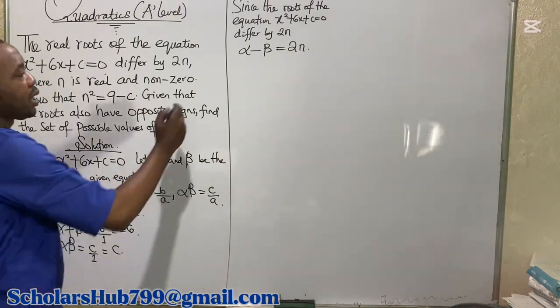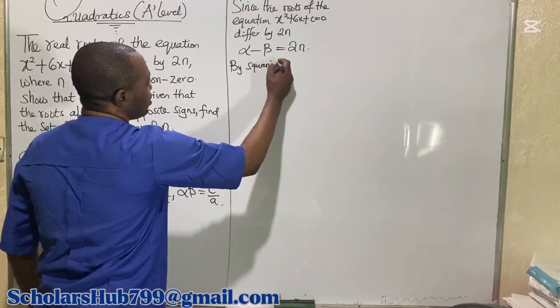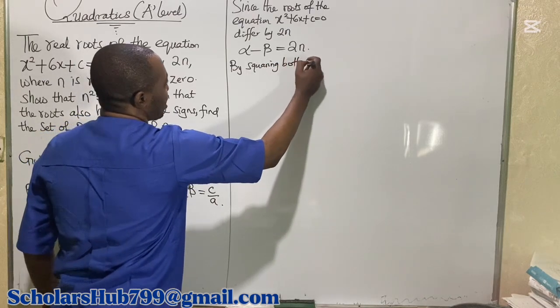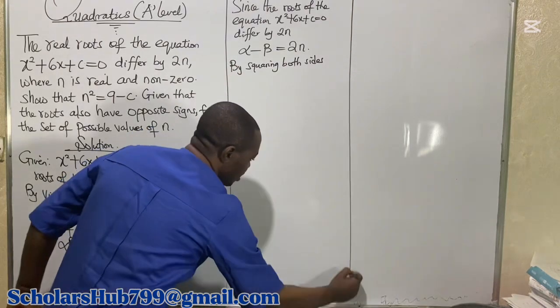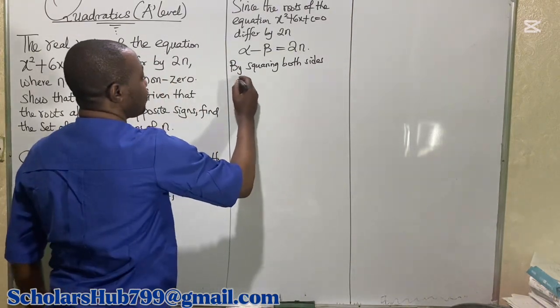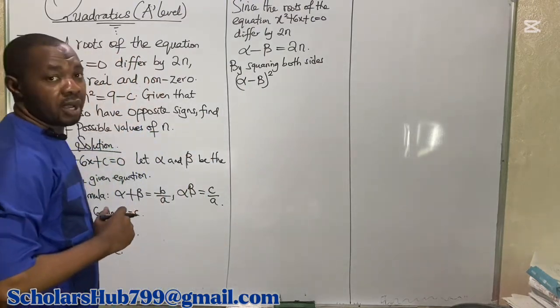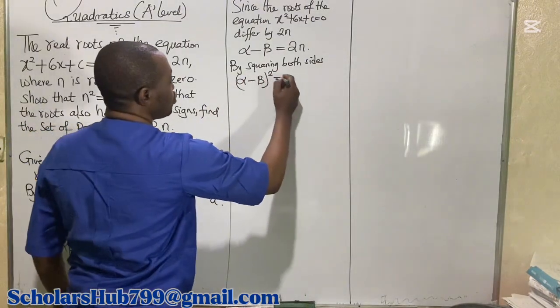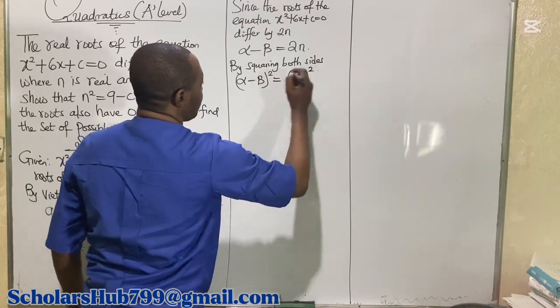Now by squaring both sides, we're going to have the square of the difference between alpha and beta equals the square of 2n.